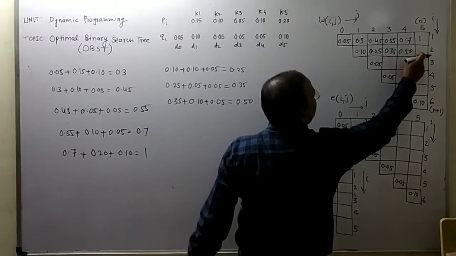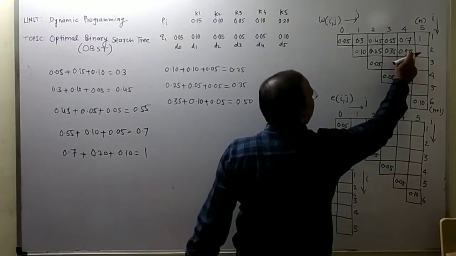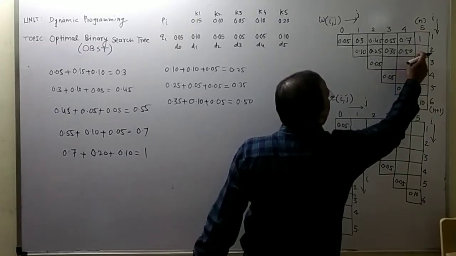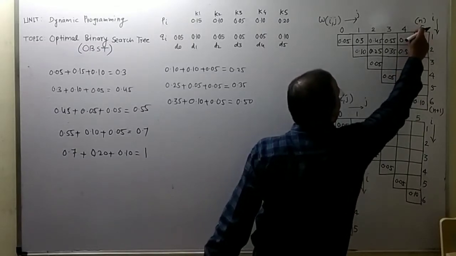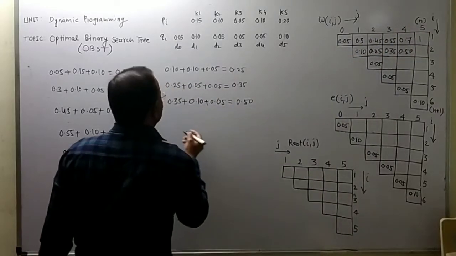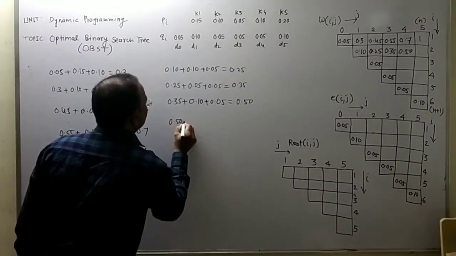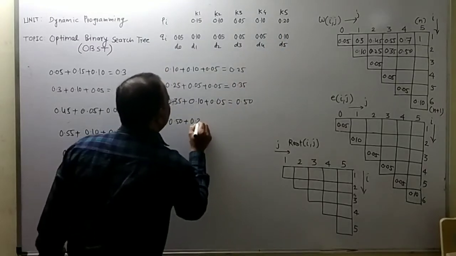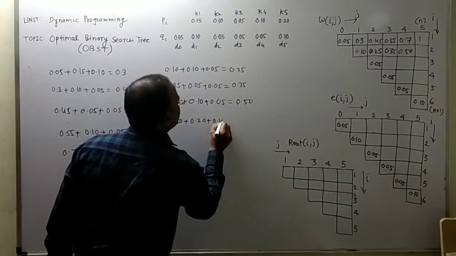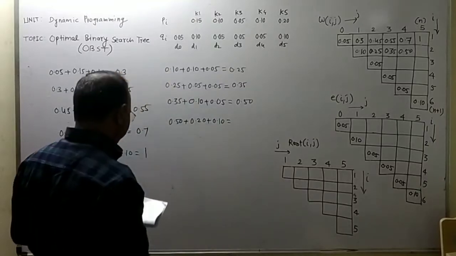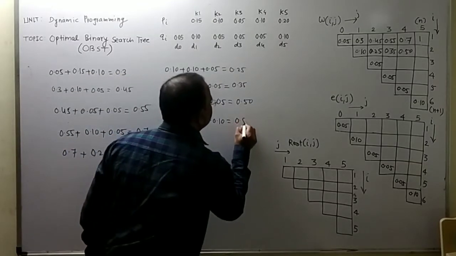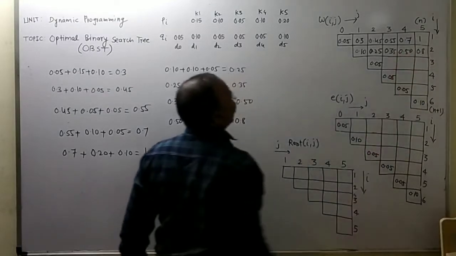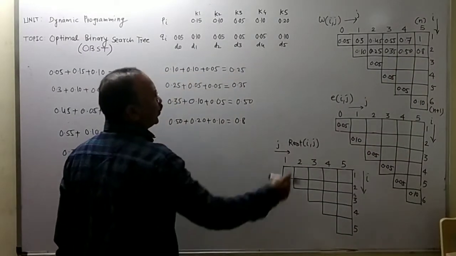Then consider the previous value 0.50 and the probability of K5 and D5, 0.20 plus 0.10, which is equal to 0.8. In this way we have got the values for the second row.